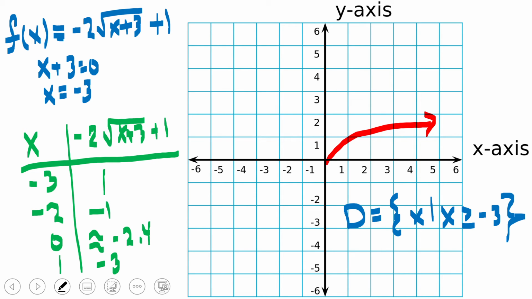from our chart, we determine that the a value less than 0 reflects across the x-axis. So we're going to have something happening across the x-axis when we graph. And we determine that the h value translates our graph left or right, and we found our domain for x. It's greater than or equal to -3.